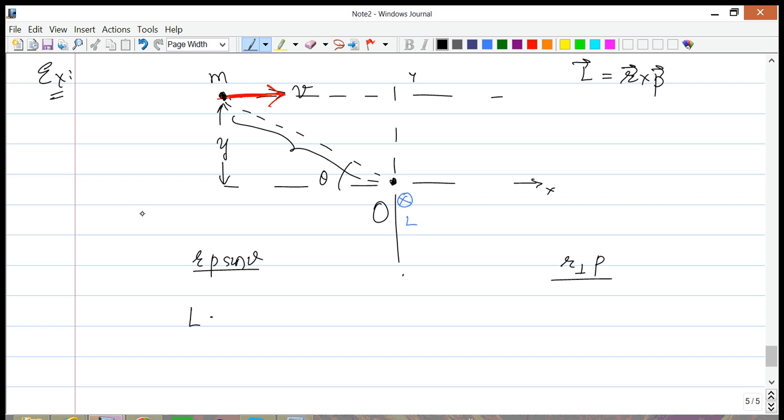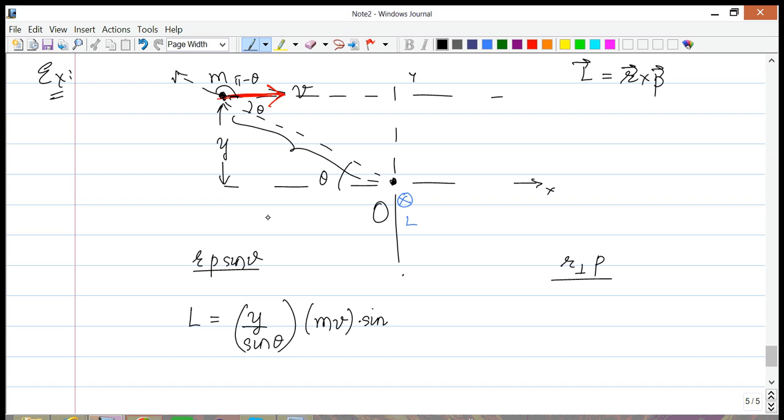So the angular momentum will be equal to y over sine theta, which is r, multiplied by the momentum, which we know is simply m times v, and then multiplied by the sine of the angle that the two make with each other. If we were to extend this line, this angle would be pi minus theta, because if this angle is theta, then this would be pi minus theta.